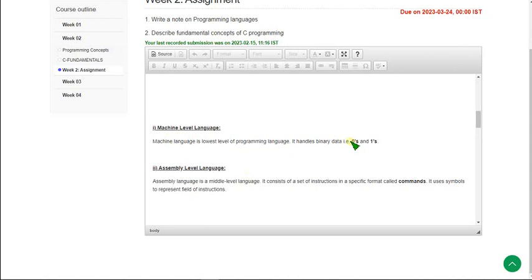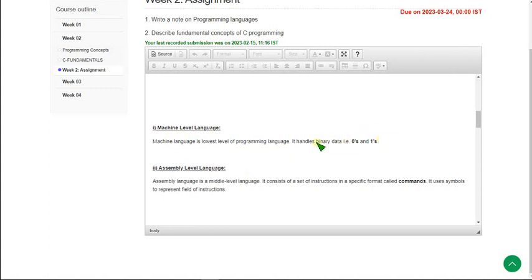It means only zeros and ones are there. Each and every character or identifier is represented in terms of only two identifiers, 0 and 1.